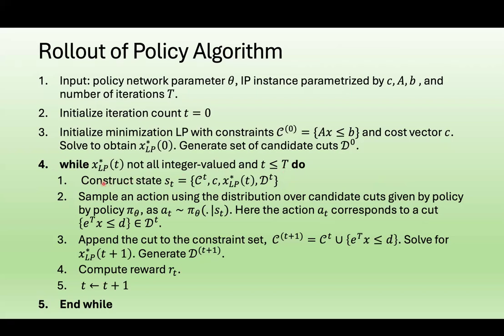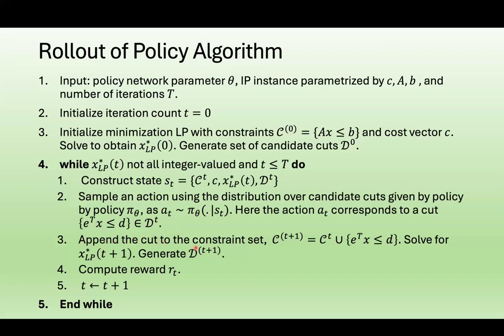So we construct a state S_t, which we described earlier. Then we sample an action using the distribution over candidate cuts given by the policy pi theta. We know pi theta. Here the action a_t corresponds to a cut e transpose x less than or equal to d, which belongs to D_t, where D_t is the set of all candidate cuts at the t-th iteration.